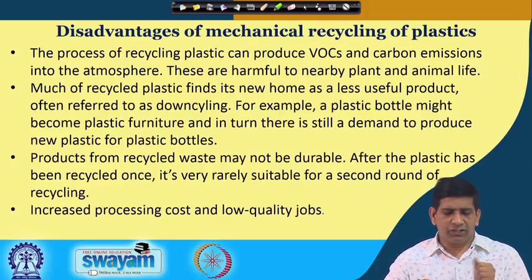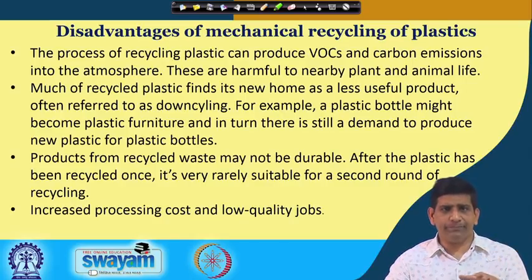Much of the recycled plastic finds its new home as a less useful product. That's another point: it is recycling, not what is known as upcycling, where you make a better product than the initial product. Usually it ends up being a slightly inferior product, which is often referred to as downcycling. A plastic bottle might become plastic furniture, and in turn there is still a demand for making new plastic for plastic bottles.